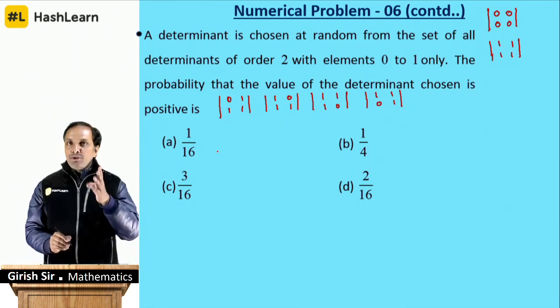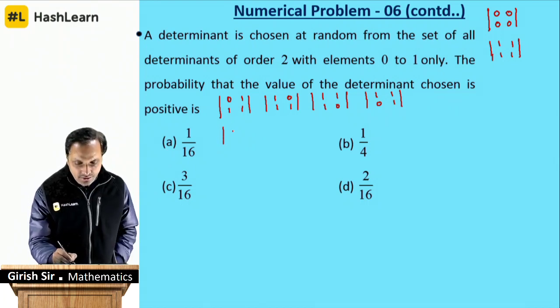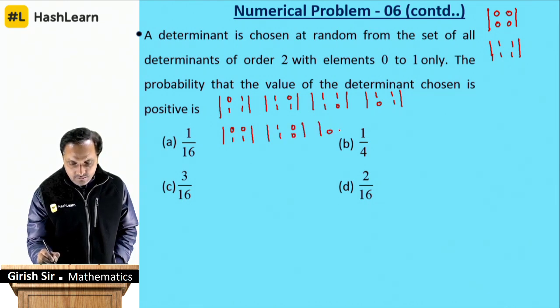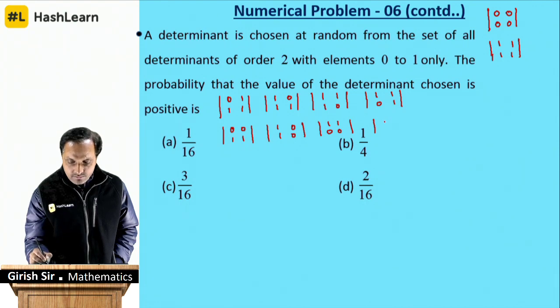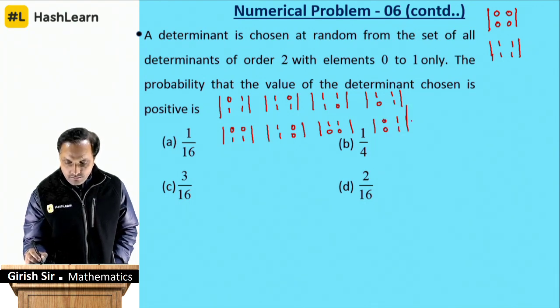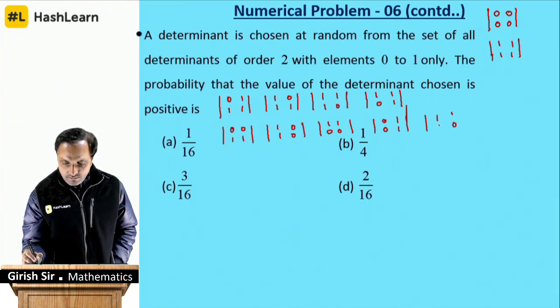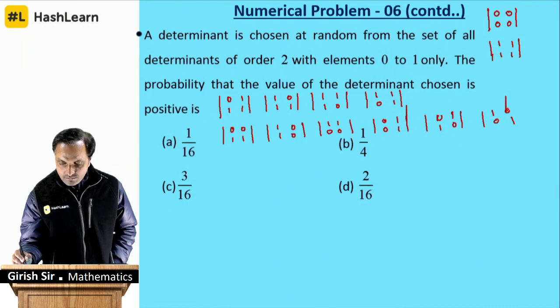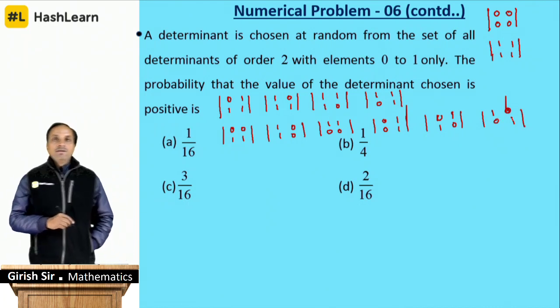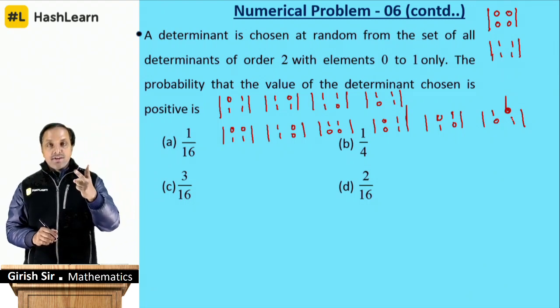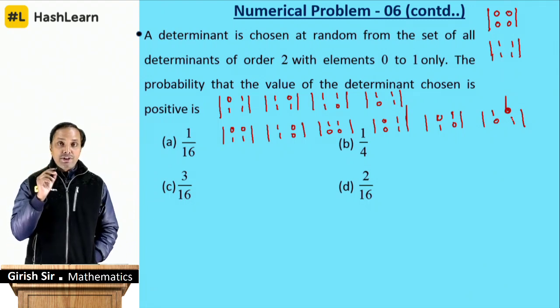After that, now I am going to use 2 zeros and 2 ones. So 1 zero, 3 ones, 2 zeros, 2 ones.